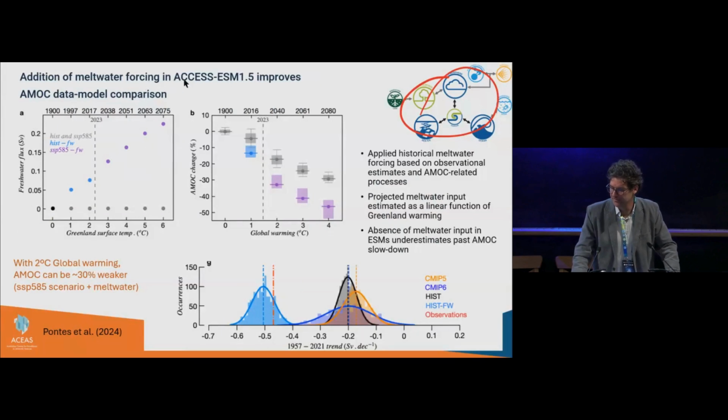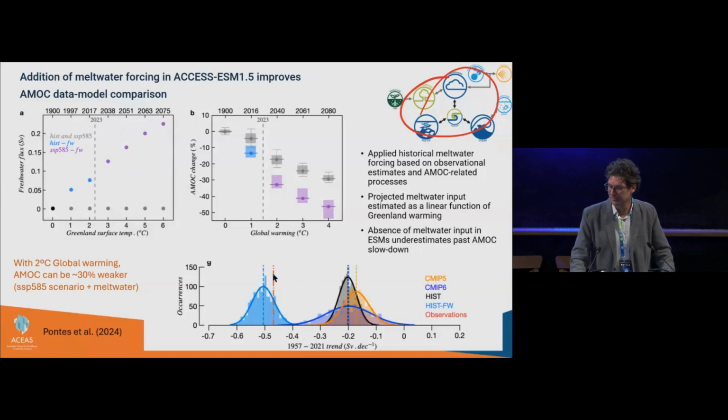And this is some results from Gabriel Pontes at UNSW, who has been looking at the meridional overturning circulation in the Atlantic Ocean. And something you'll see in this lower right diagram is that most of our CMIP models show a weak negative trend in the AMOC, but the observations tell us that actually the AMOC is reducing at a greater rate than these weak negative trends.